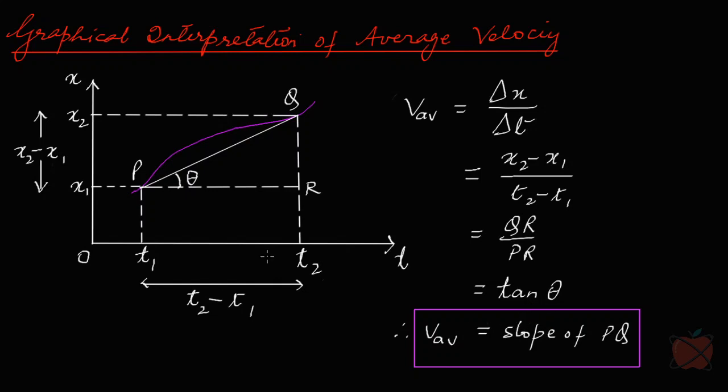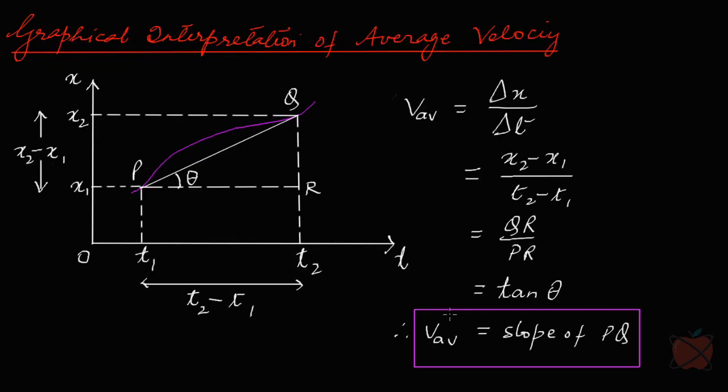The slope can be positive, negative or zero, so that means the average velocity can be positive, negative, or zero as well.